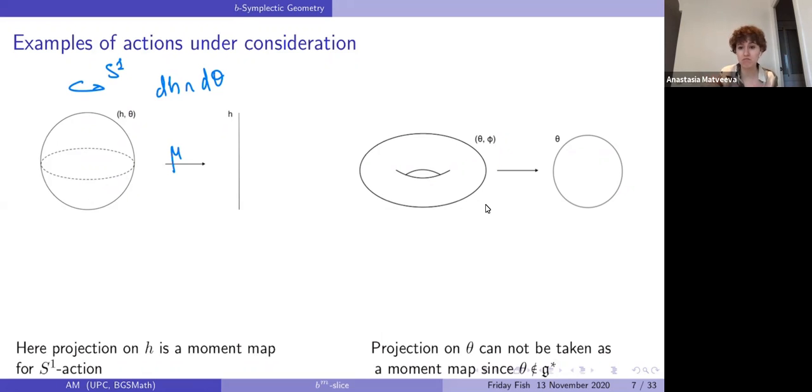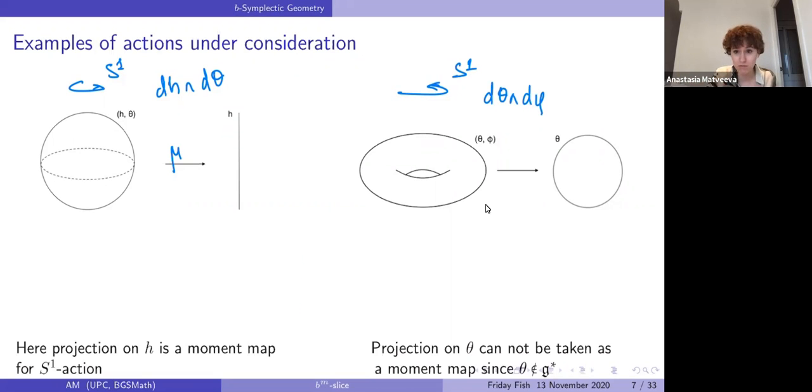One way to generalize it is when the action is not Hamiltonian. The simplest example here would be rotation of the torus, also by S1, where you still have the symplectic form d theta wedge d phi.